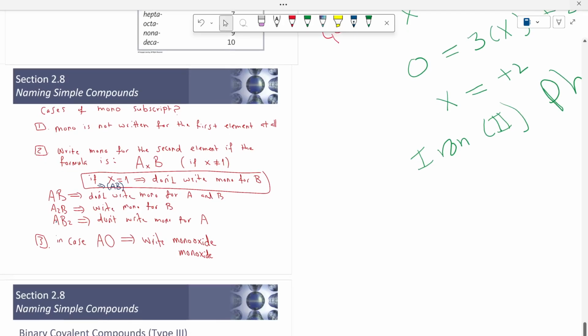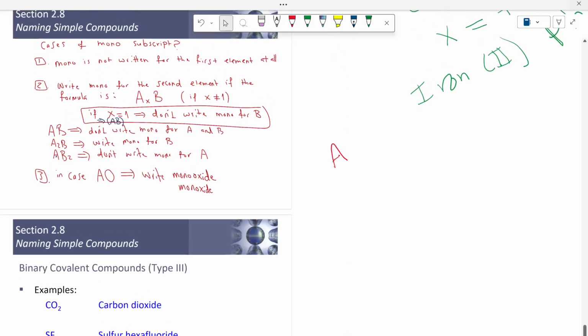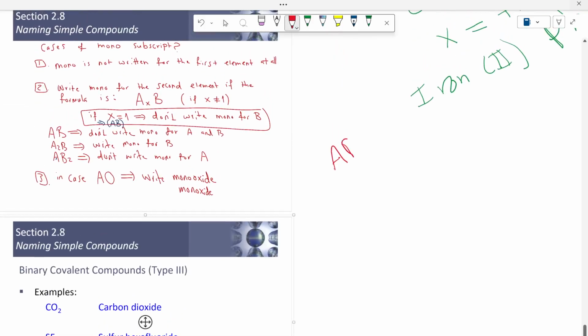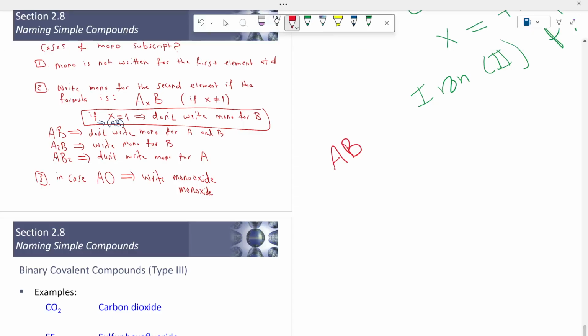The second point: write mono for the second element if the formula is AxBy where x doesn't equal 1. If x equals 1, then don't write mono. What do I mean by that? Here is A, and here is B. We agreed that if the subscript of the first element is 1, we don't write mono.